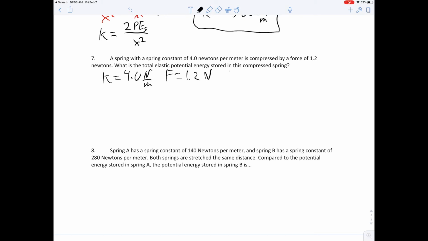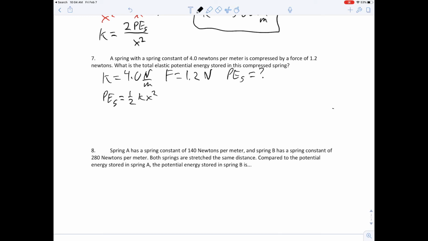Force is 1.2 newtons. And we want to know the spring's energy. Okay, so PE is 1/2 kx squared. Uh-oh. Did I miss x? Oops. Is there no x?